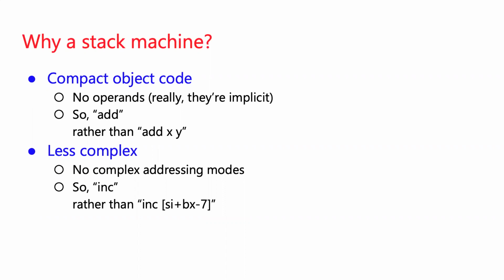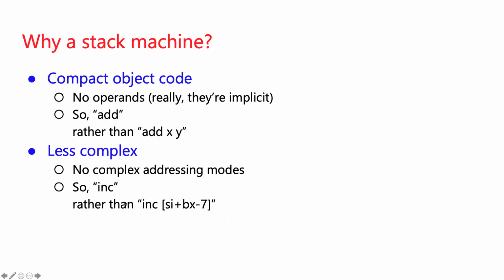If it has an instruction like inc, then it's going to increment something on the stack. And if you want to get that from a location in memory, you're going to go get that and push it onto the stack before you even do the increment instruction. And if it takes some work to compute the location in memory where you want to get that thing, then you're going to have to do that work before you actually do the increment instruction.